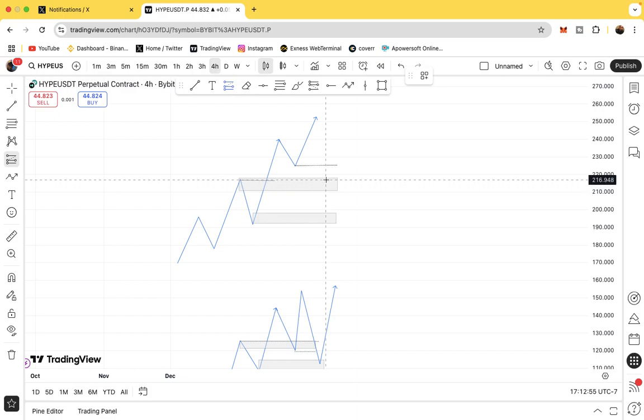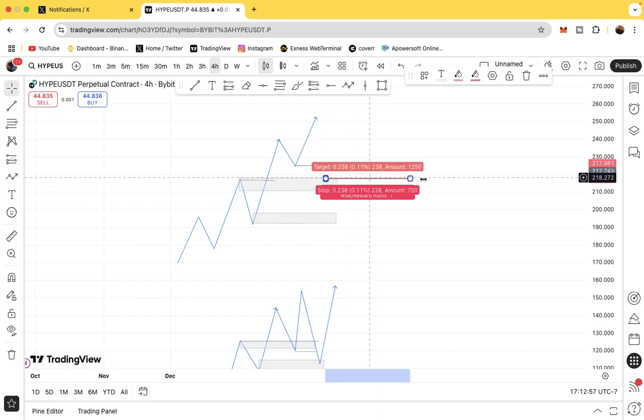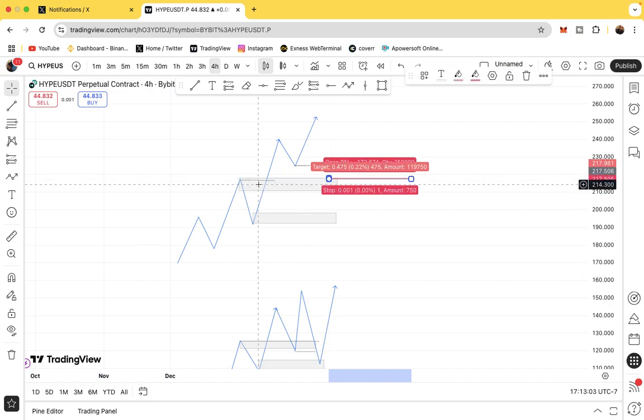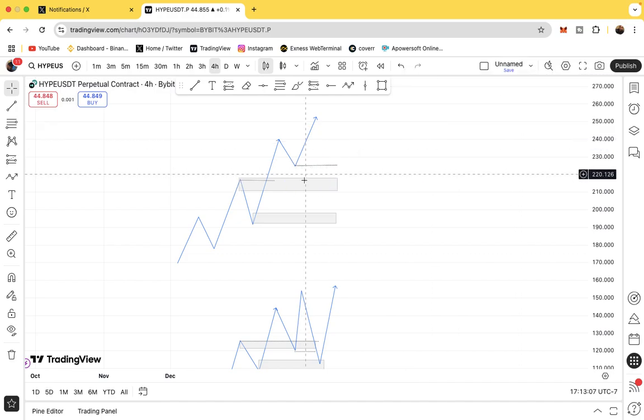So this breaker block now is closer to your inducement liquidity.